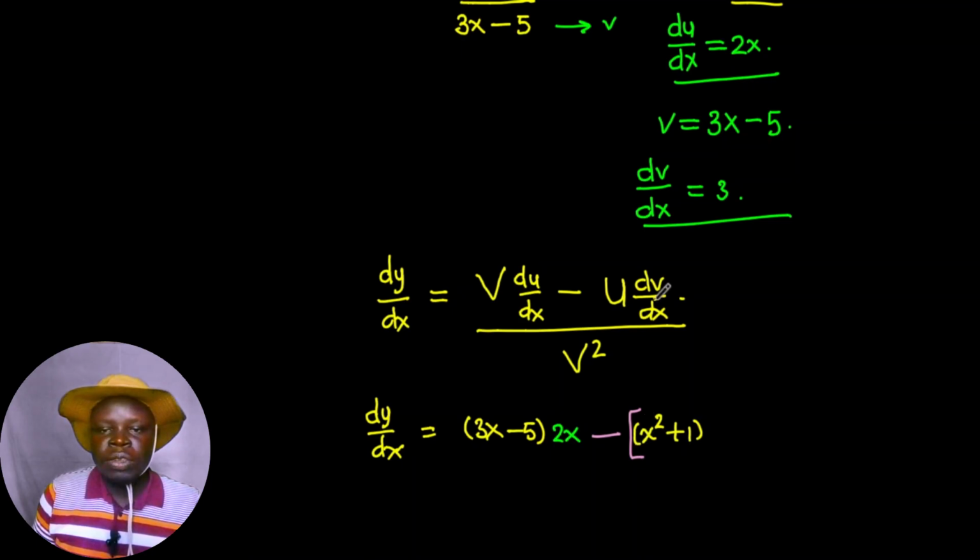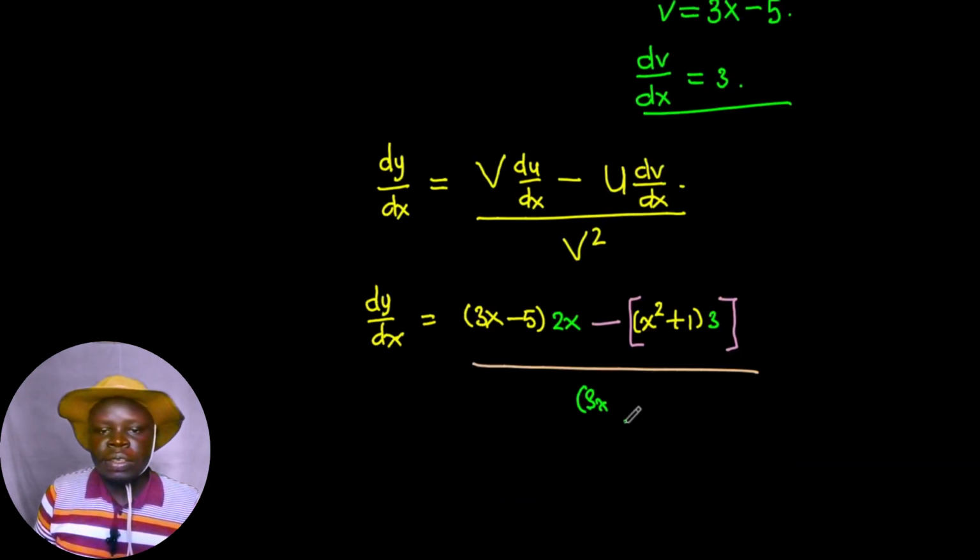We multiply this by dv by dx, which is just a number, 3. So we place it there and close our bracket. And remember, we have to divide the whole thing by v squared, and v is this function, so we write 3x minus 5 squared.